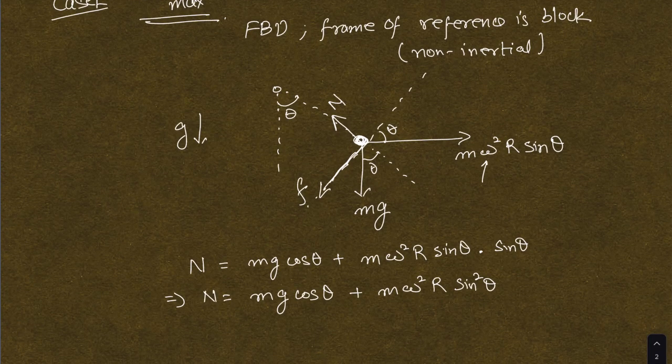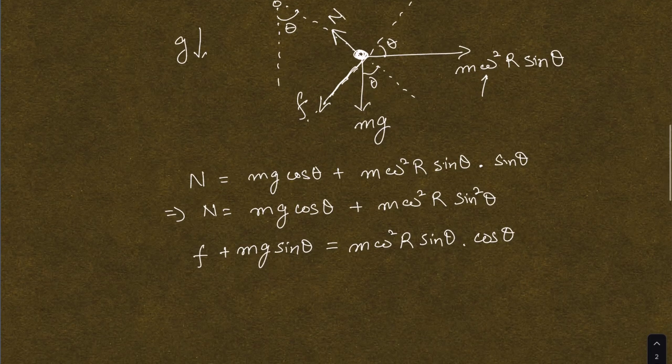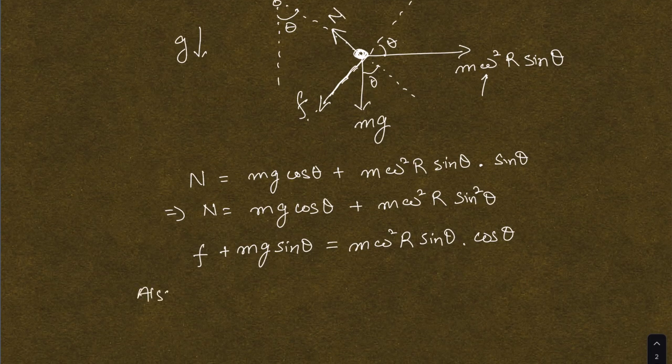Now next, if we consider the equilibrium in this direction, then F plus mg sine theta will be this component of the centrifugal force. So F plus mg sine theta equals m omega square r sine theta times cos theta. Also, F equals mu times n.